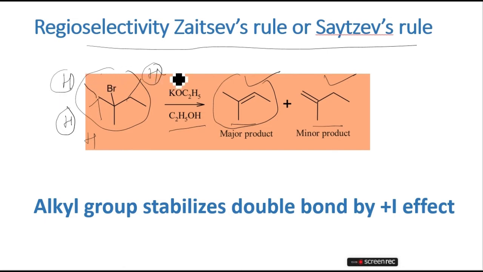If this hydrogen is abstracted, this will be the product, and if this one is abstracted, this will be the product. So what the Zaitsev rule says is that when E2 elimination happens, the major product will be the more substituted alkene. Why the more substituted alkene? This more substituted alkene is stabilized by the alkyl groups through the plus I effect.